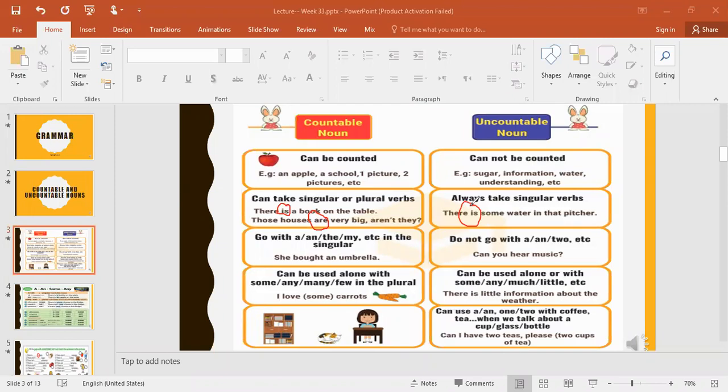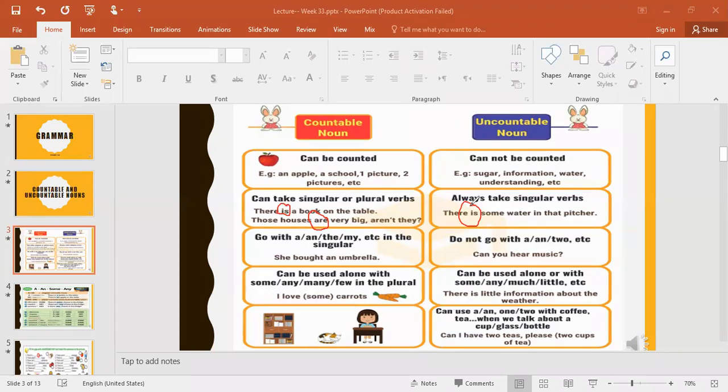Now, the third difference. The countable nouns go with a, such as an apple, a ball, go with the car, go with my bag, and so on in the singular. I can say she bought an umbrella.